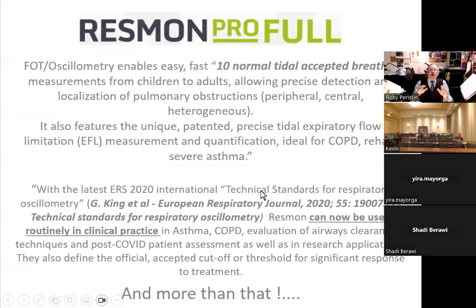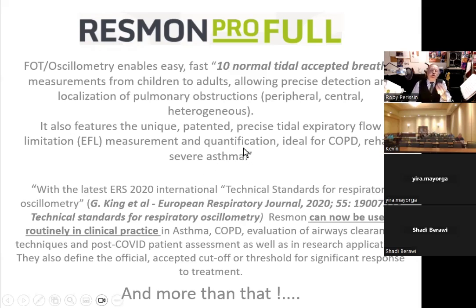So let me describe in a few words what oscillometry is. Oscillometry is a fast measurement, FDA approved from children of 3 years of age to adults, that allows precise detection and localization of the obstruction. So you will know whether there is a central or a peripheral obstruction or a severely heterogeneous obstruction.